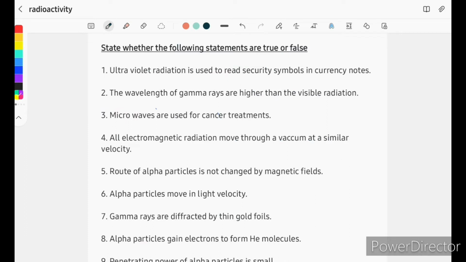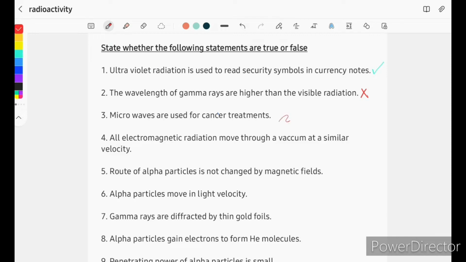Next question. State whether the following statements are true or false. The first one, ultraviolet radiation is used to read security symbols in currency notes. The statement is true. The second one, the wavelength of gamma rays is higher than the visible radiation. This statement is false. The third one, microwaves are used for cancer treatments.